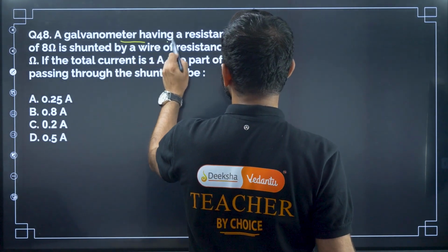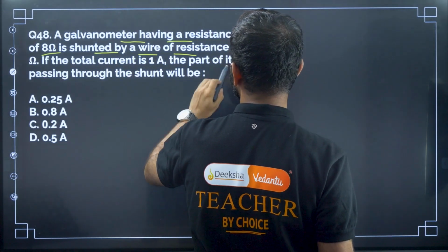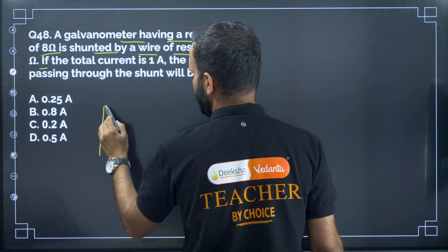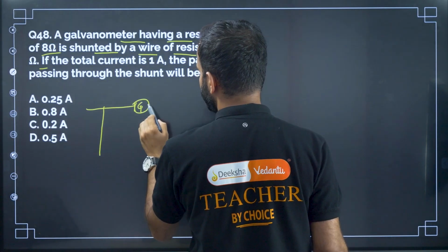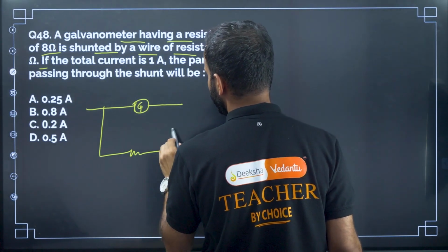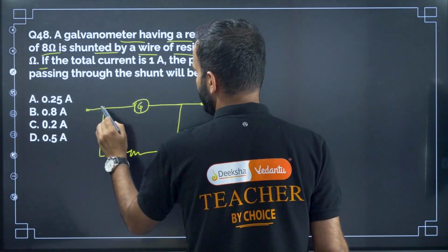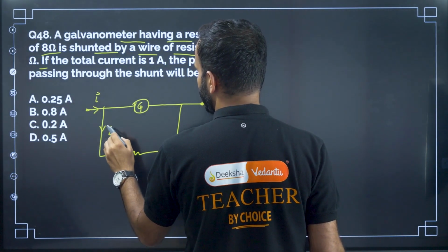Question number 48. A galvanometer having resistance of 8 ohm is shunted by a wire of resistance 2 ohm. Okay. So here this is the galvanometer G. Okay. So this is the shunt wire. The total current I. Here the current will be I minus Ig.